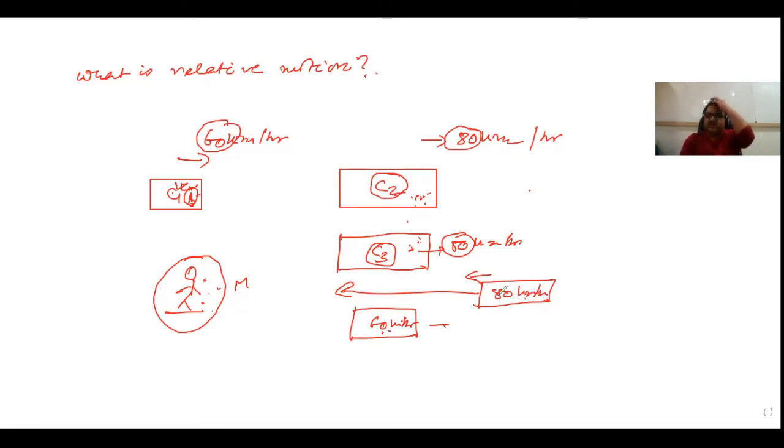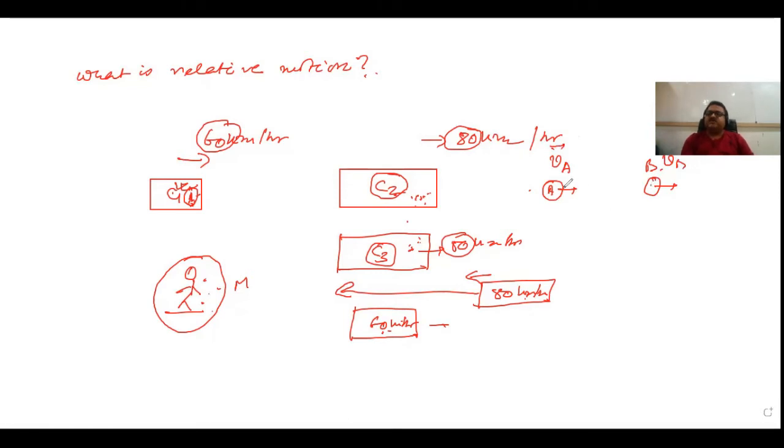In order to explain the relative velocity of one with respect to the other, say for example, A and B are two persons moving in this direction. Velocity of A is VA and velocity of B is VB.